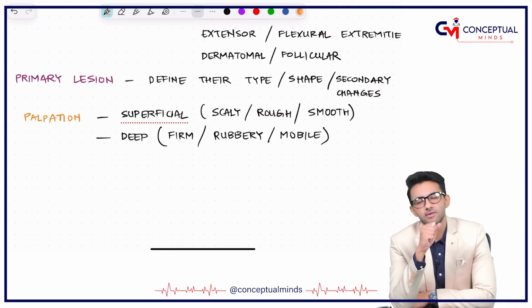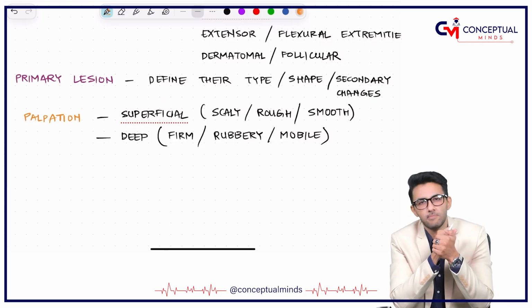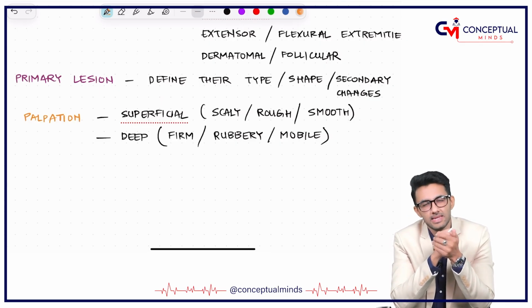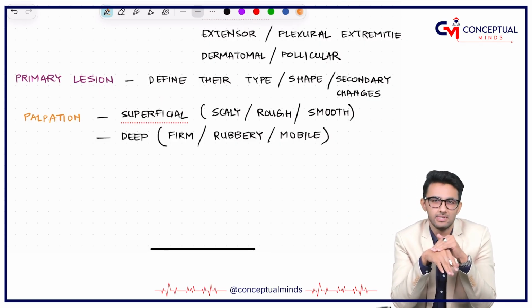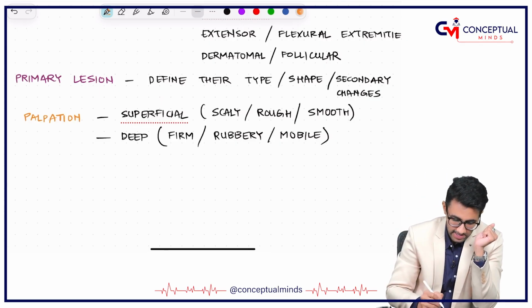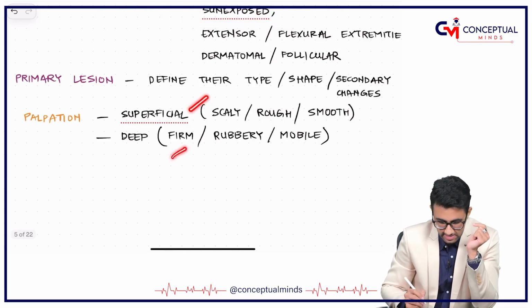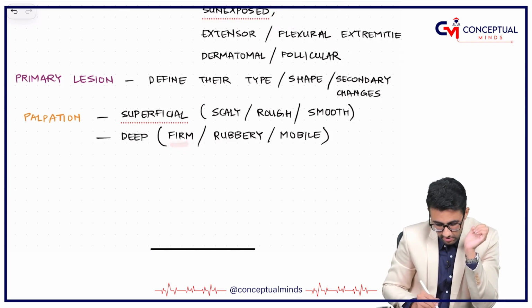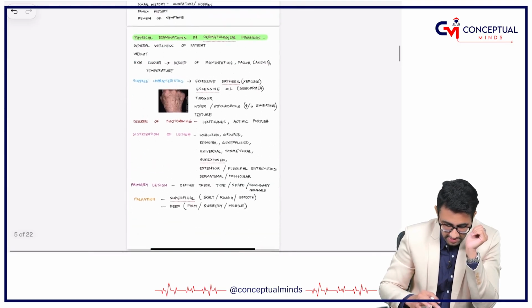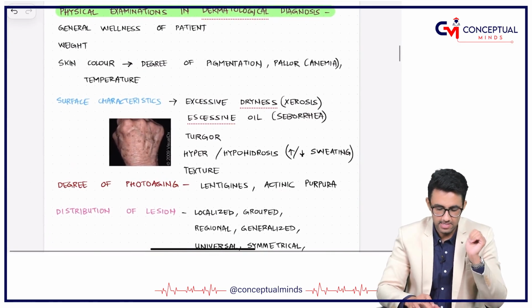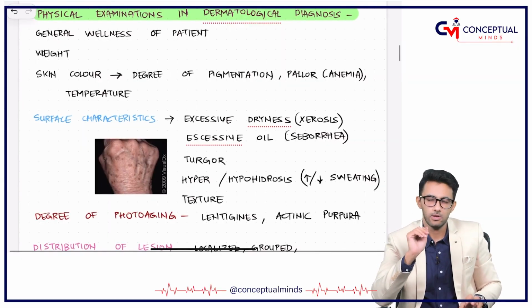The last thing is that we have to palpate the lesions and see how the texture is. Do we feel it is superficial or deep? Is it firm or rubbery, or a very mobile lesion? So that is all about the physical examination in dermatological diagnosis.